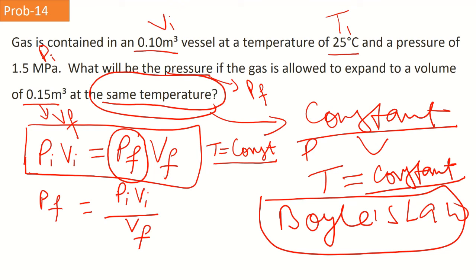Before putting the values, you have to look at the units, whether they are in proper standard form or not. This unit is okay, no need to change, but here this mega you have to change. Mega is 10 to the power 6. Now by putting the values of Pi, Vi over Vf, you can find the value of the final pressure in Pascal.